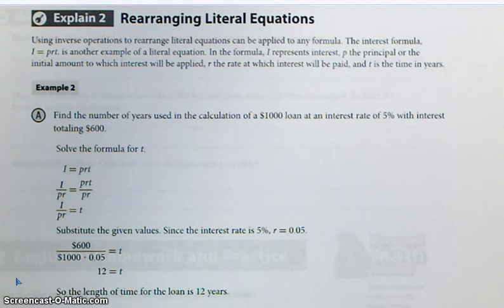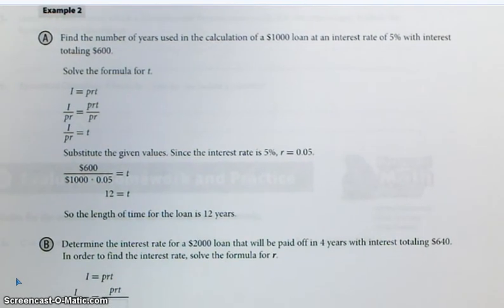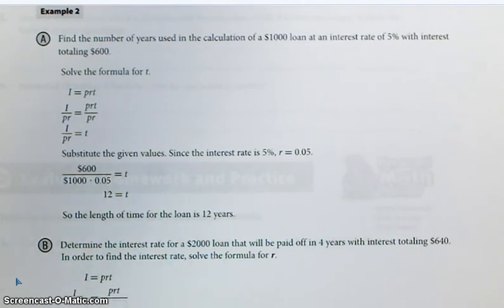In the formula, I represents interest, P the principal or the initial amount to which interest will be applied, R is the rate at which interest will be paid, and T is the time in years. So their example is find the number of years used in the calculation of a $1,000 loan at an interest rate of 5% with interest totaling $600.